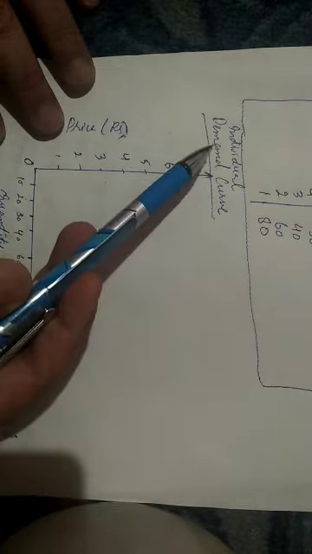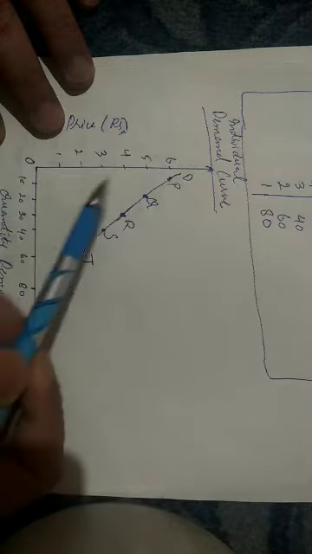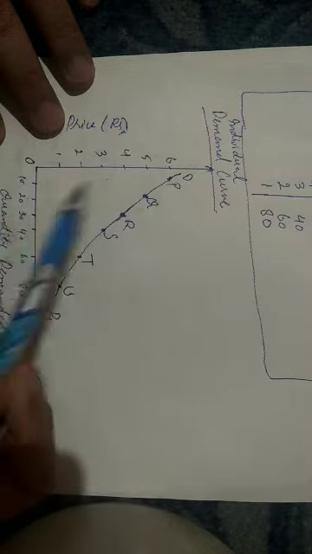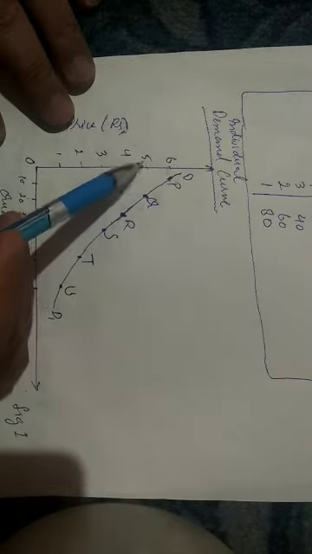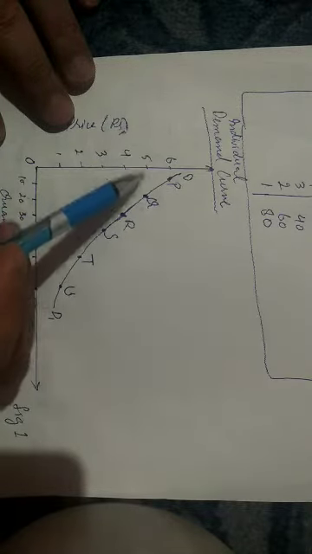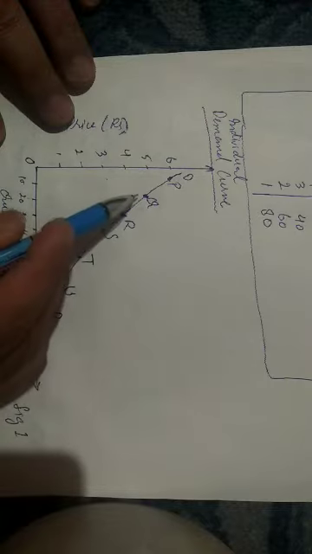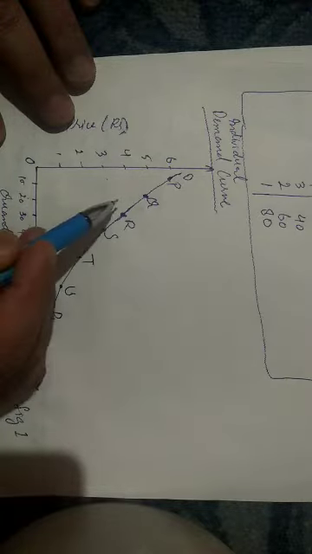Now, we have seen in the demand schedule that when price is rupees 6, the demand is 10 kg. When the price decreases to rupees 5 per kg, the demand increases to 20.